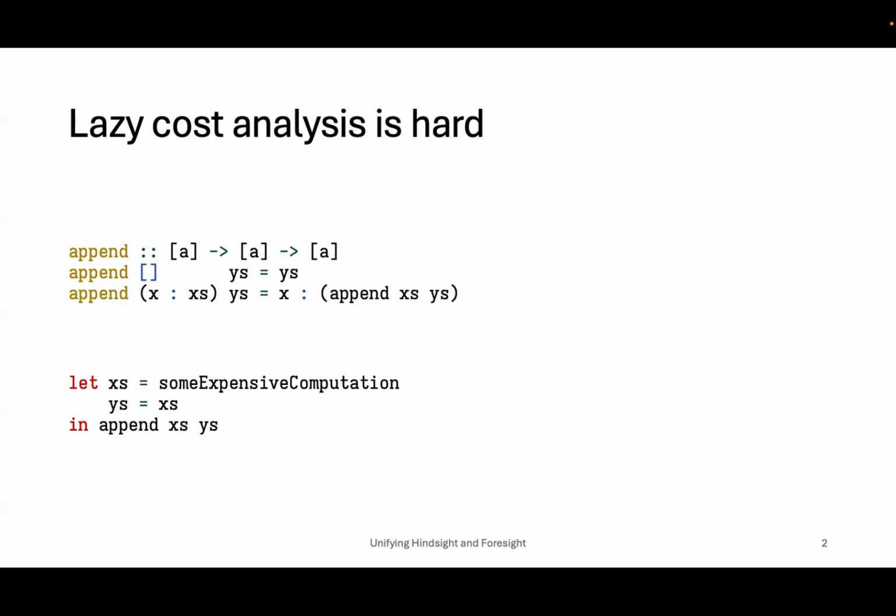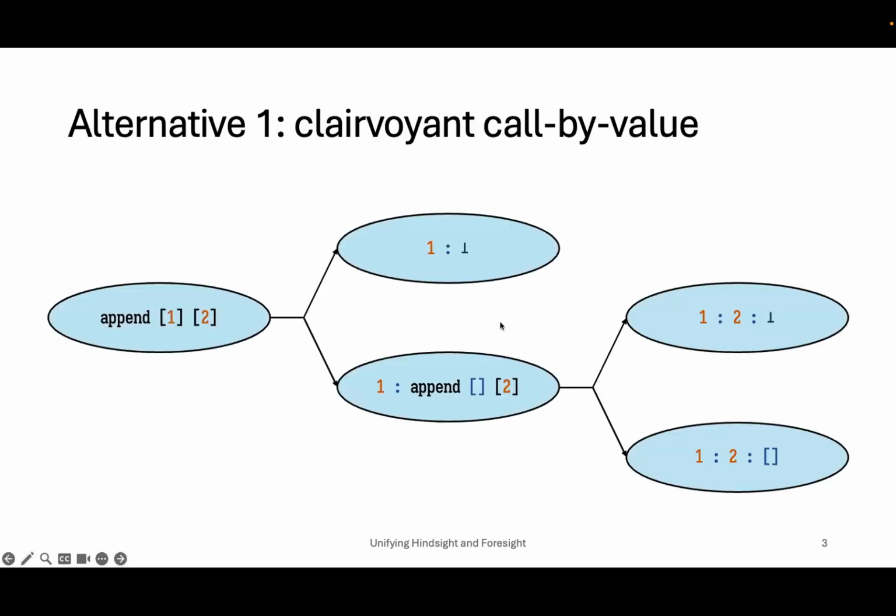And if it hasn't, you evaluate the expression it's bound to, and you replace it in the heap. Further attempts to evaluate that variable don't cost anything, essentially, because they are already evaluated.